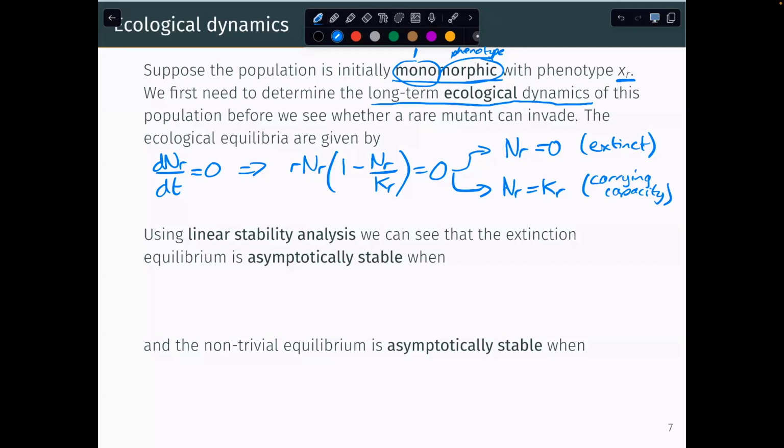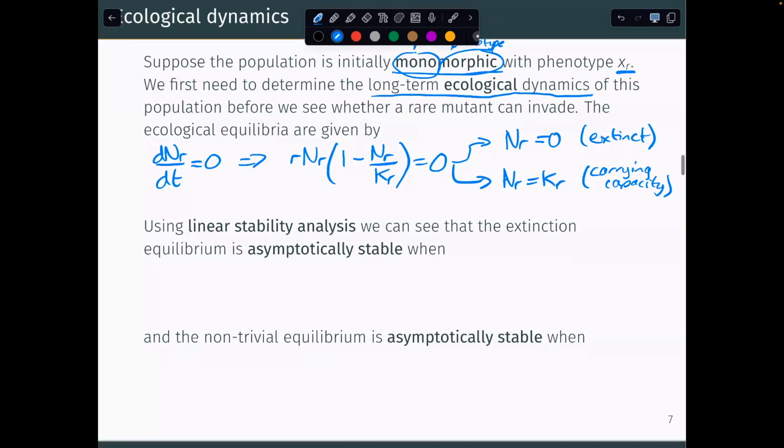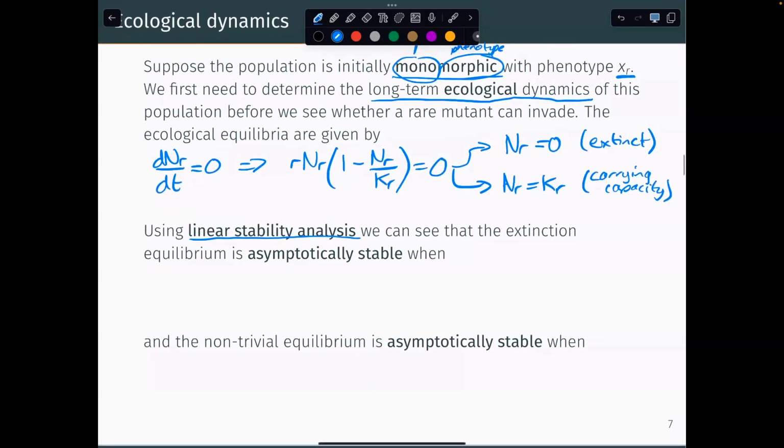So we have two possible steady states, NR is 0 and NR is equal to KR. The next thing we need to do is use linear stability analysis. Hands up who remembers linear stability analysis? A couple? Okay. Using linear stability analysis, we can see that the extinction equilibrium is always asymptotically stable.